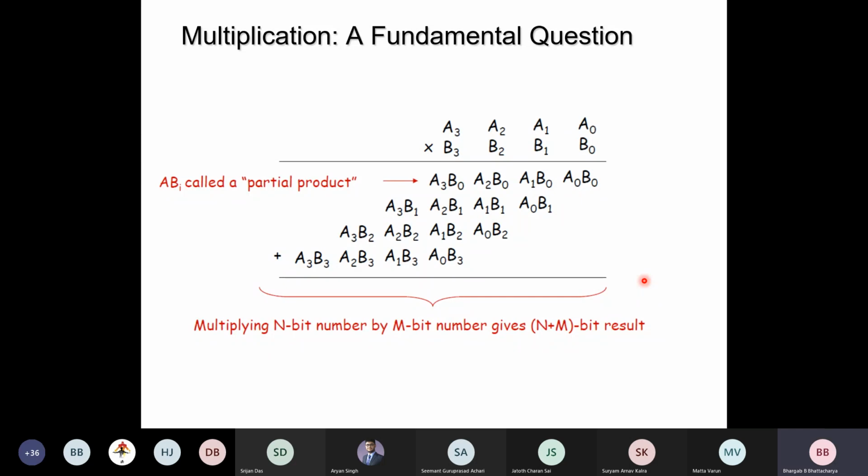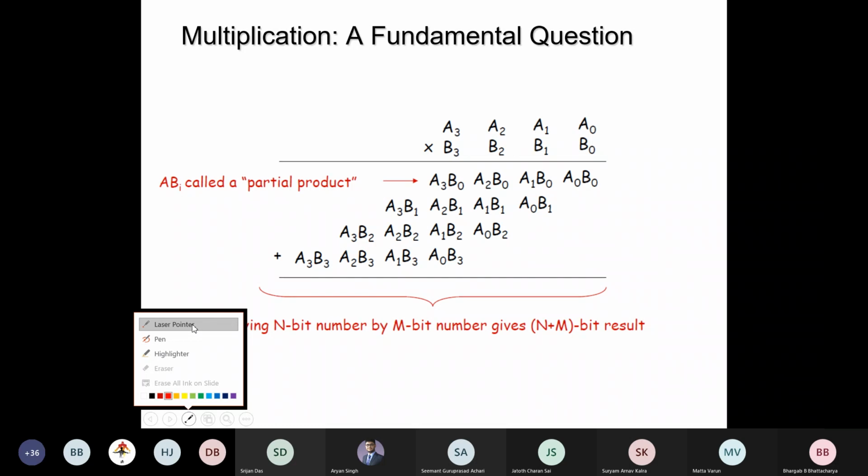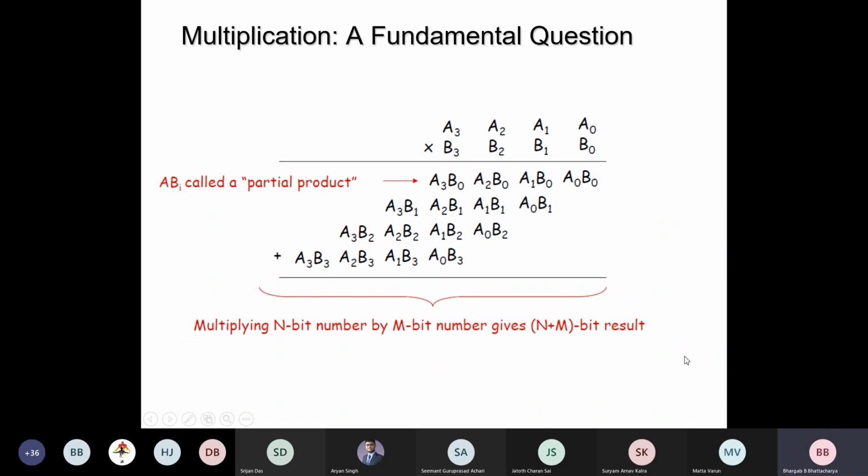Just think of it in terms of the algorithmic perspective. What is the complexity of multiplication? How many product terms do you have to produce? You said that there will be quadratic product terms, right? So think in terms of an algorithm, what would be the complexity of multiplying two n-bit integers?